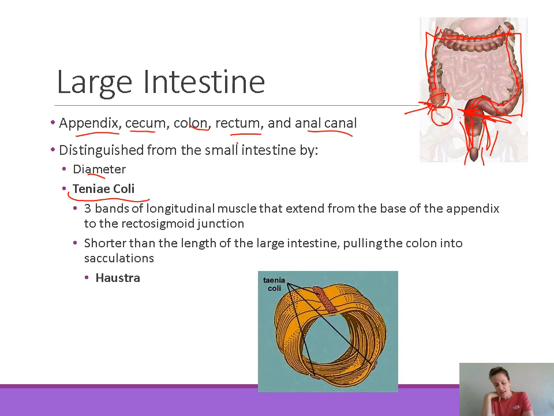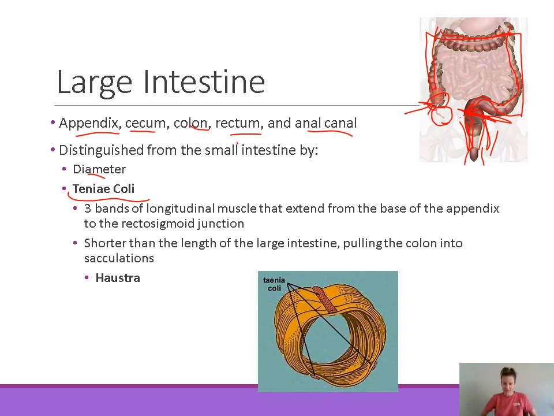Now the tenia coli themselves, these 3 bands of muscle, are shorter than the actual length of the large intestine. So what that means is that the length of the large intestine gets pulled, scrunched in to meet up with the length of these tenia coli.